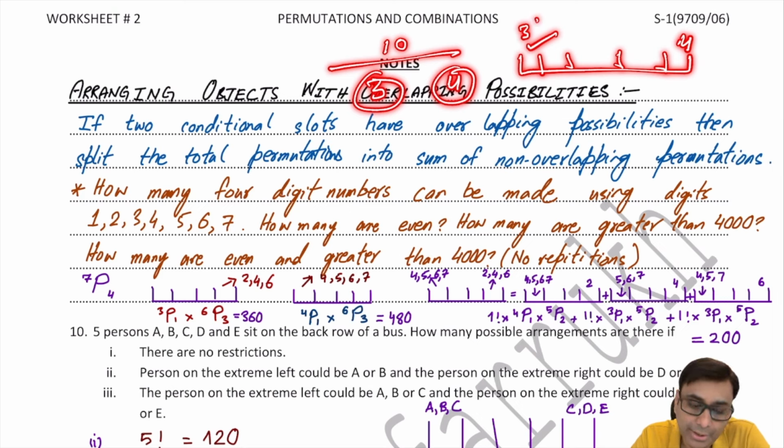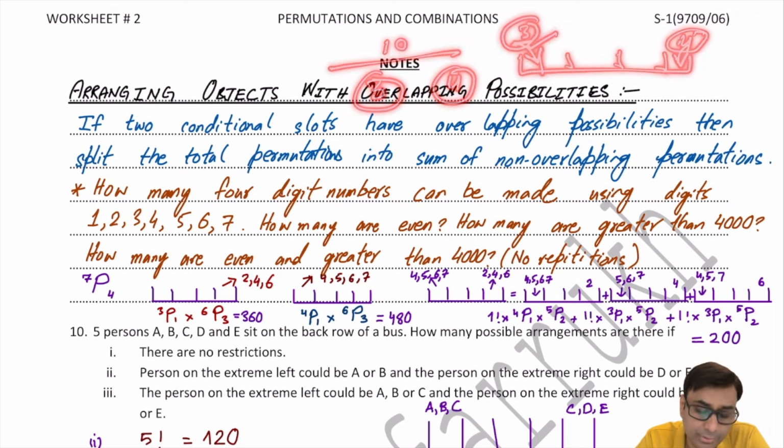Generally speaking, I would say that 3p1 would go here and 4p1 would go here. But what if the options available for this slot, not all of them, but a few options, are available for this slot as well? That means this is an arrangement with overlapping possibilities. And that's where the confusion arises.